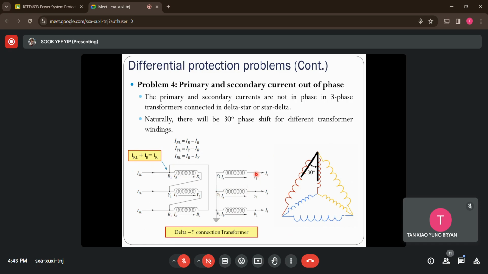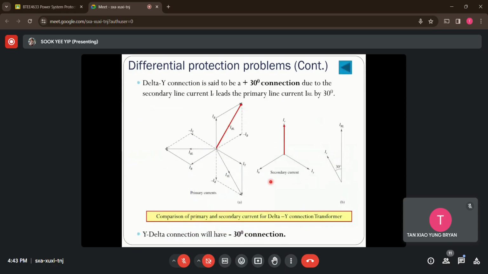So now let's draw up the phasor diagram to show the 30-degree phase shift for both the primary current and the secondary current. Now you will see, if I put these current values in the vector diagram, you will observe that the secondary current, which is Y connected, and the primary current, which is delta connected, should be in phase.